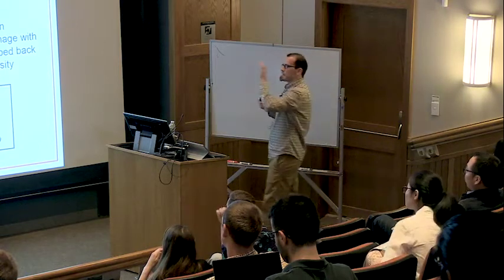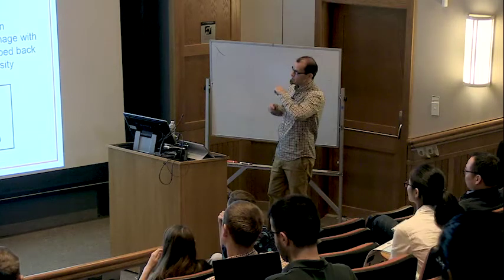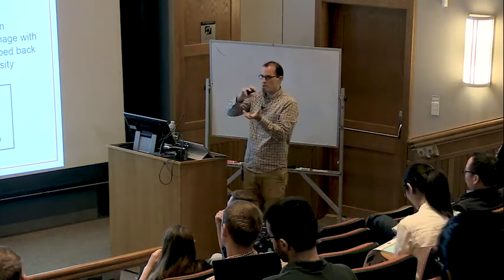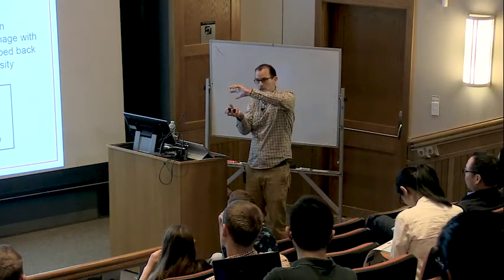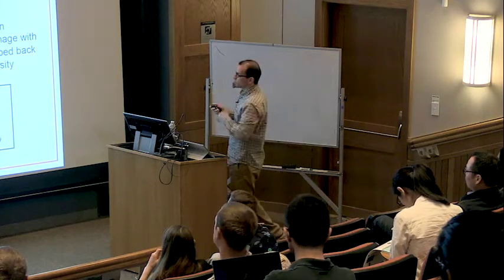So that's all we're saying: if we assume that the intensity is conserved, all the velocity is doing is moving our intensity around, such that if we knew the velocity, we could rewind it back. That's all this equation says.